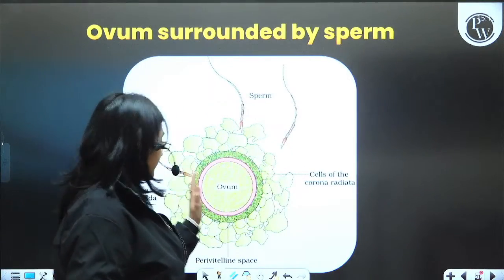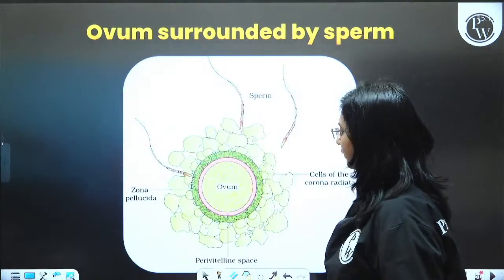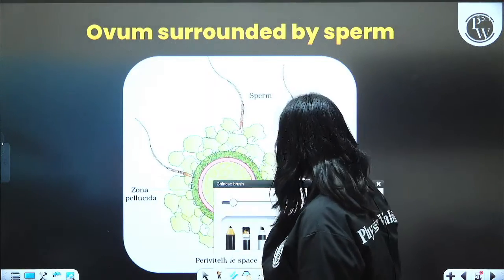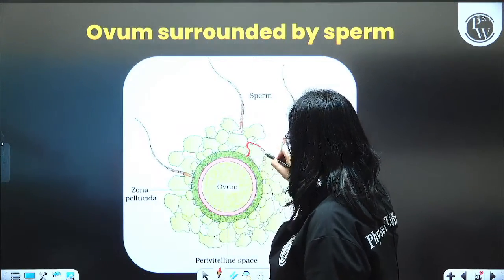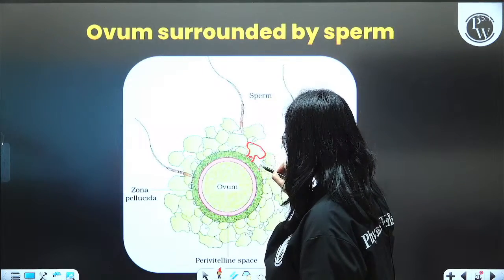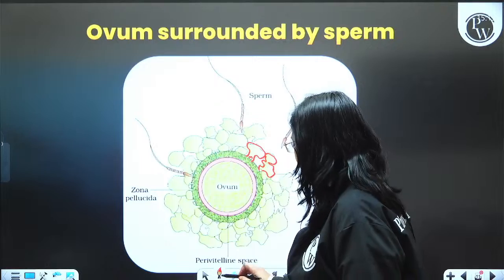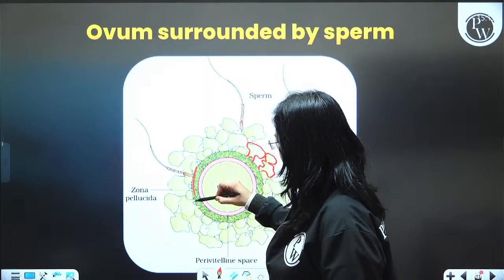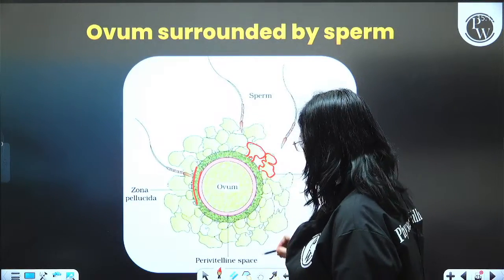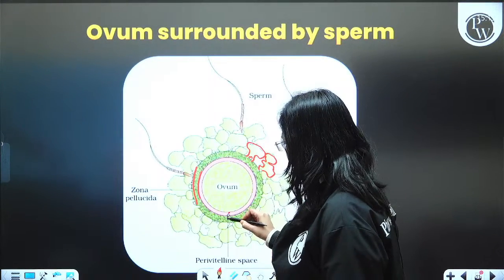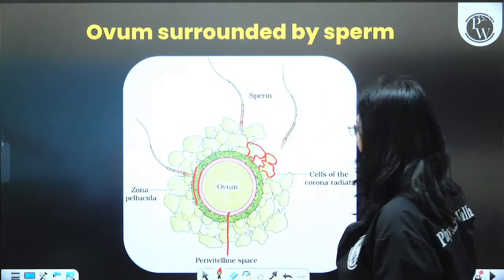If the question comes to draw, you have to draw the corona radiata that is present outside over here. If possible, label it, otherwise it's okay. Then the zona pellucida needs to be drawn. Then the two vitelline membranes, and between them the perivitelline space you have to draw.